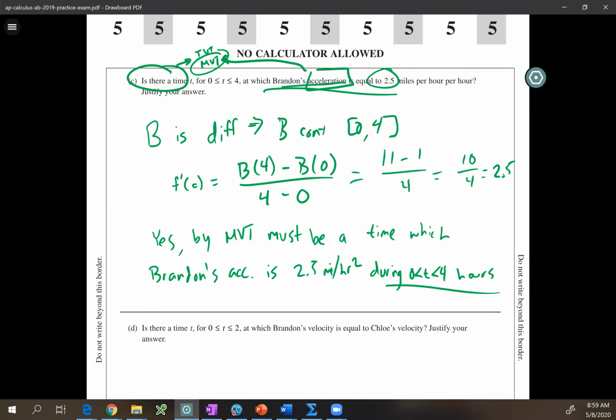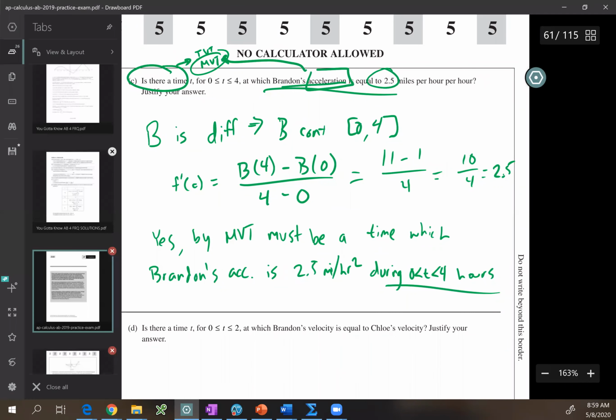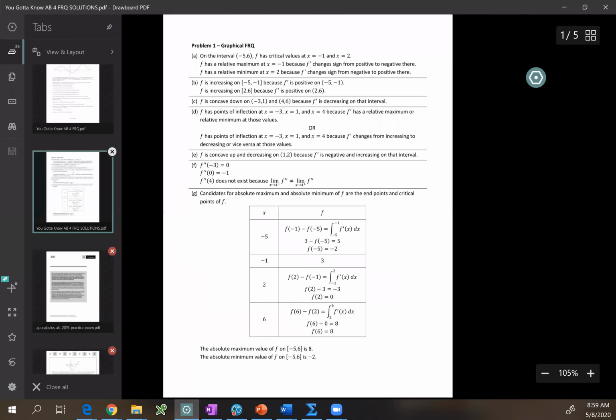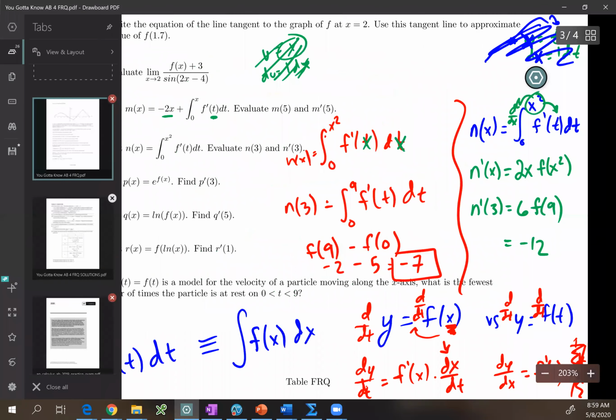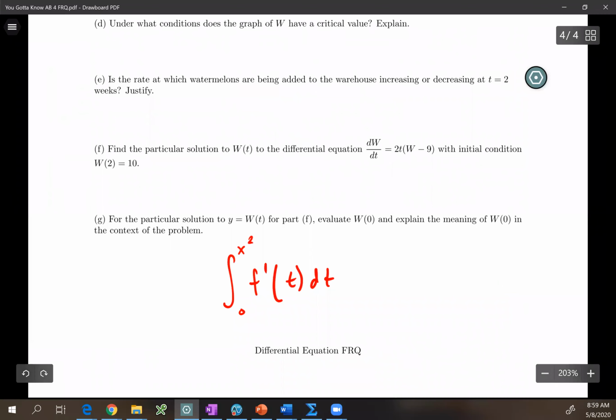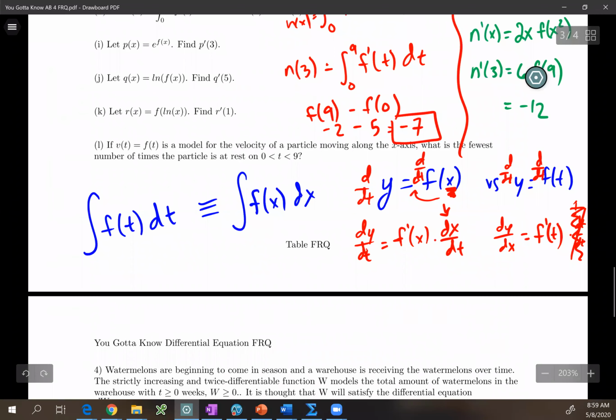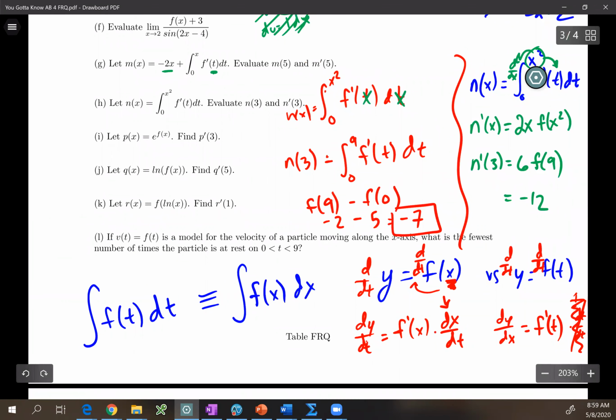While we're at that question, I do want to pop over to this one. I don't know if we've fully done this yet, but if you haven't, it's okay. It's down here. It says, what is the fewest number of times the particle is at rest between 0 and 9?